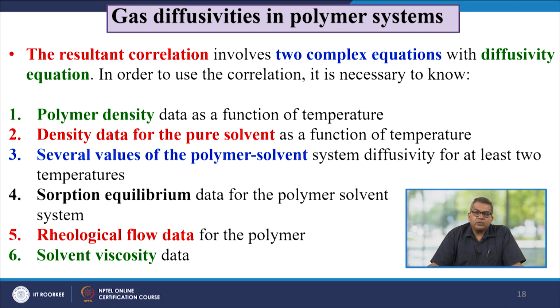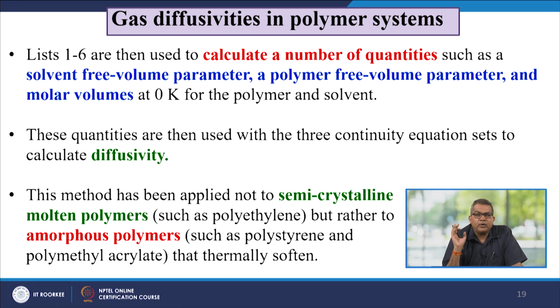In order to use the correlation, it is necessary to know the polymer density data as a function of temperature, the density data for the pure solvent as a function of temperature, several values of the polymer solvent system diffusivity for at least two temperatures, sorption equilibrium data for the polymer solvent system, rheological flow data for the polymer and solvent viscosity data. So, all these things are quite essential.